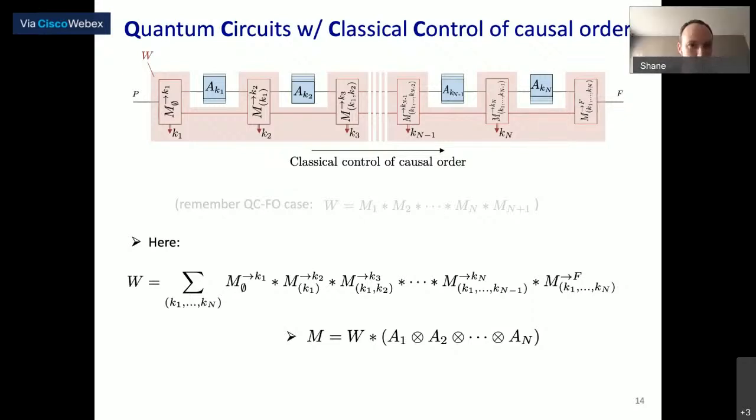Let's go through. So Lydia Del Rio asks, do you know if there's any complexity difference between QCFO and QCCC? Fixed order and the classical control. In terms of computational complexity, or? Yes. No, I'm not sure how to answer the question.